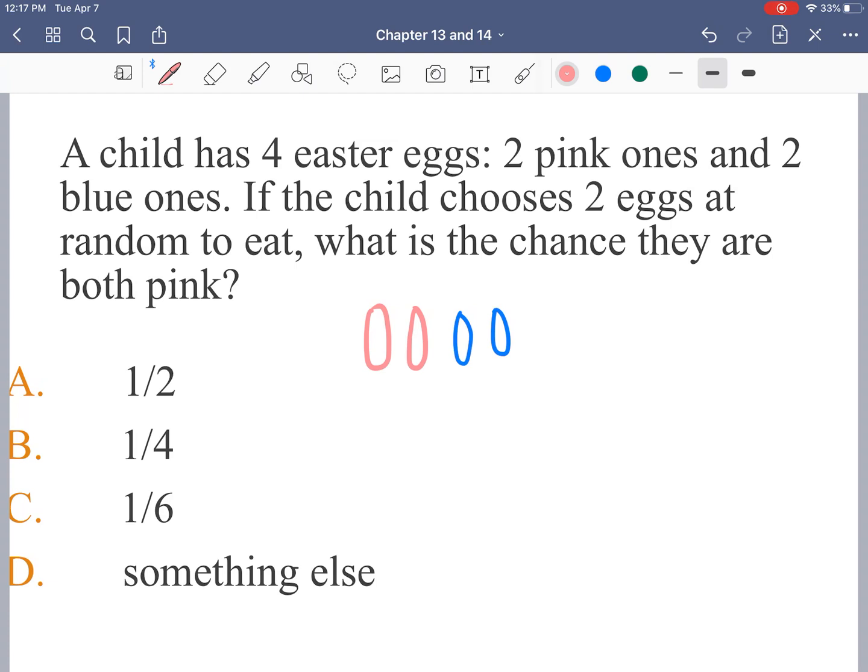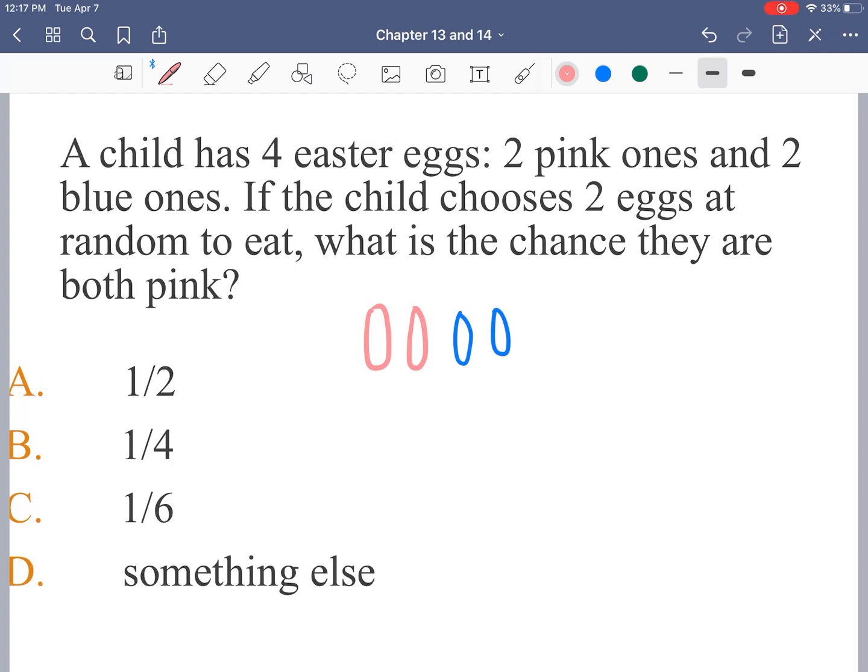So this is without replacement because she's choosing both of them. She's not choosing one and then sticking it back in. So the probability of them being both pink would not just be 1/2.